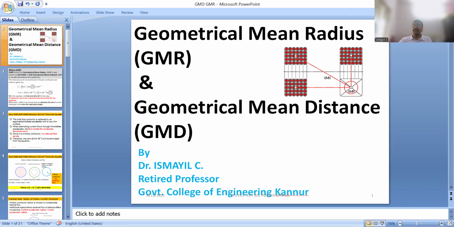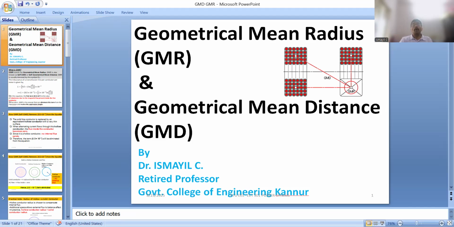So just substitute in the formula: cubic root of 5 into 5 into 8, all raised to 1 by 3. Instead of using the cubic root symbol, I am using raised to 1 by 3. By using a calculator, you'll get approximately 5.85 meter. So we'll be moving to the next problem.